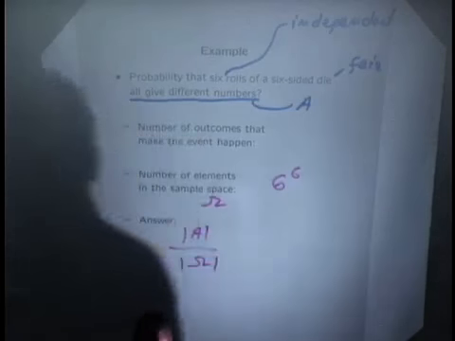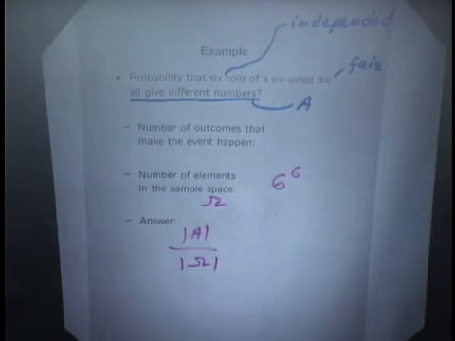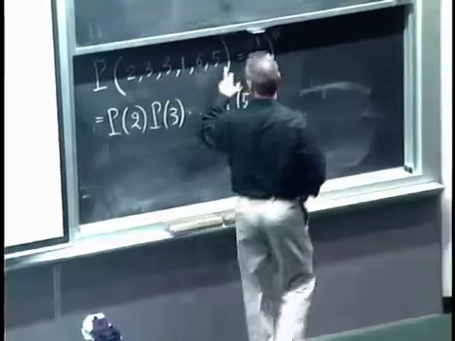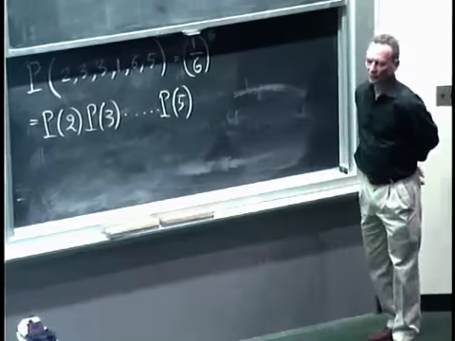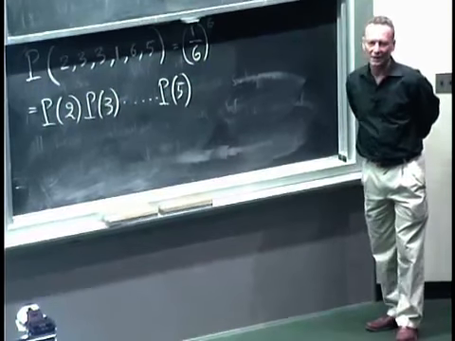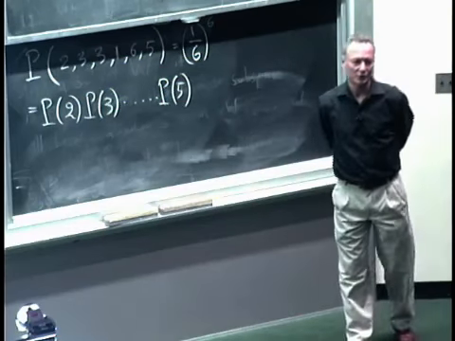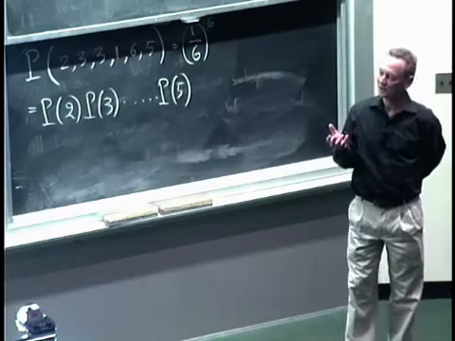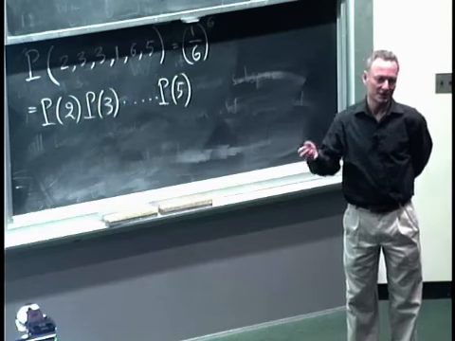All right. So how about the numerator? We're interested in outcomes in which the numbers that we get are all different. So what is an outcome in which the numbers are all different? The die has 6 faces. We roll it 6 times.